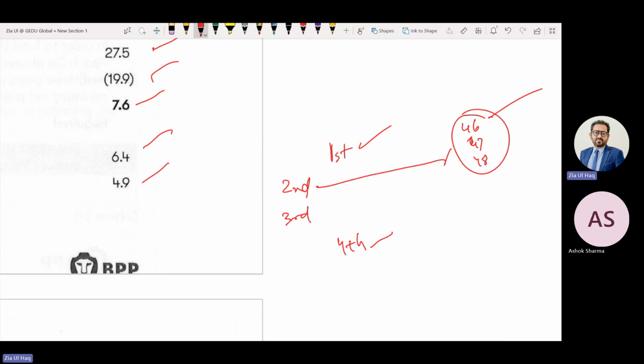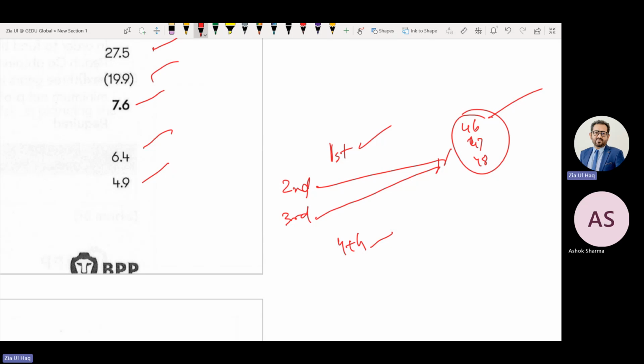In third attempt, they are again moving with the same perception. Yes, I have lost 4 marks in 2 attempts, so I need to prepare for 4 marks properly. And again, in third attempt, they study about 10 to 15 days before exam. And then they are moving towards attempt.